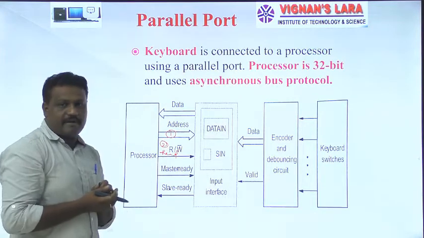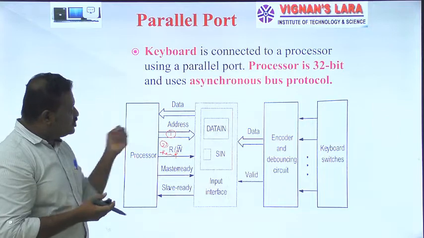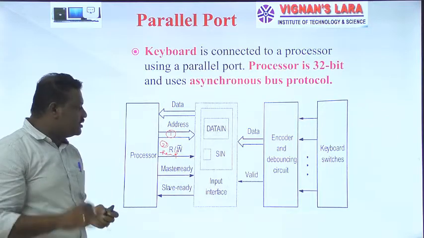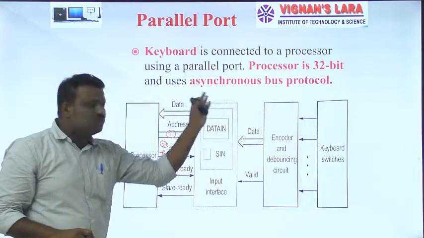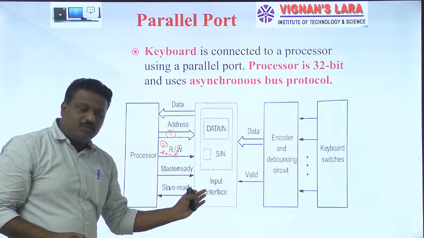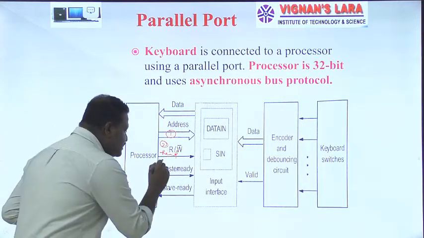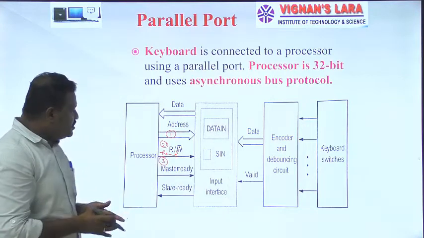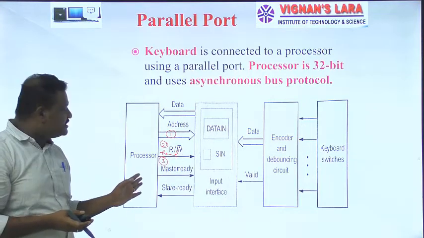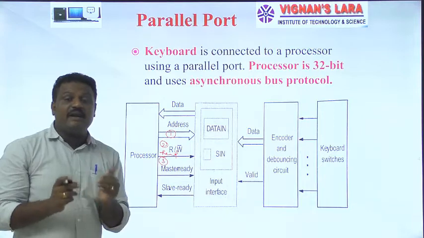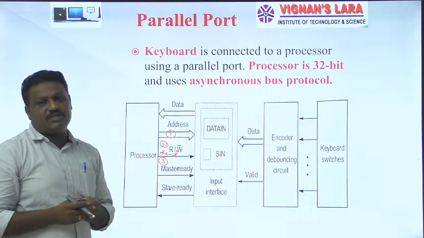This is a read. Once it activates these two, it will inform this particular input interface by activating master ready as the third operation. Once the interface receives master ready, that indicates that our processor is ready to participate in data transfer.